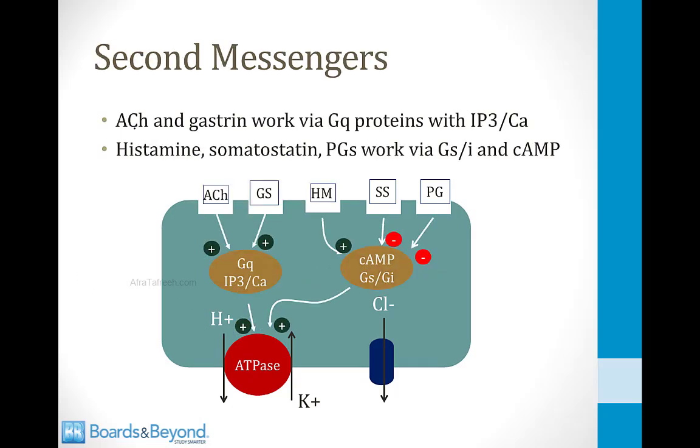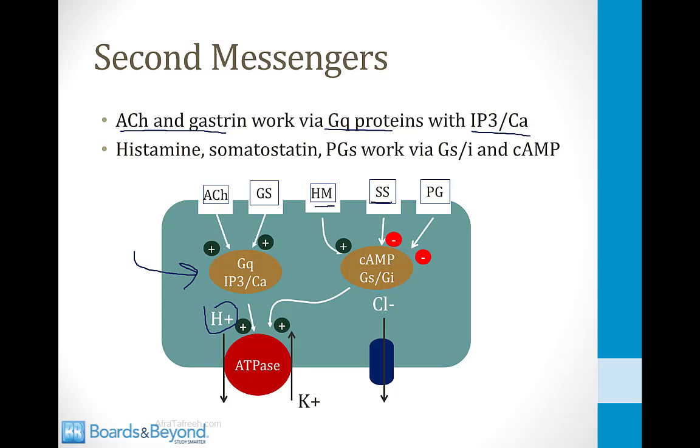The second messenger systems of the different stimuli and inhibitors of parietal cells have been fairly well characterized in the basic science laboratory, and they like you to know something about these for step 1 of your boards. So acetylcholine and gastrin work via GQ proteins with an IP3 calcium second messenger system. I've shown that here: both acetylcholine and gastrin can activate the GQ protein, which then stimulates protons to be pumped into the lumen of the stomach.